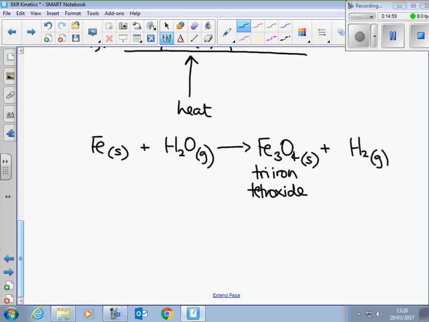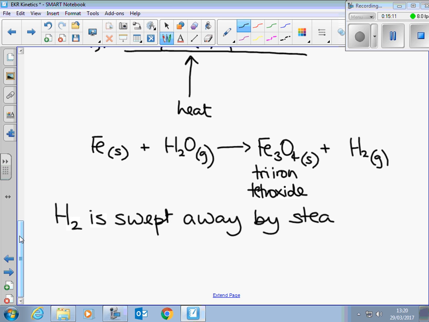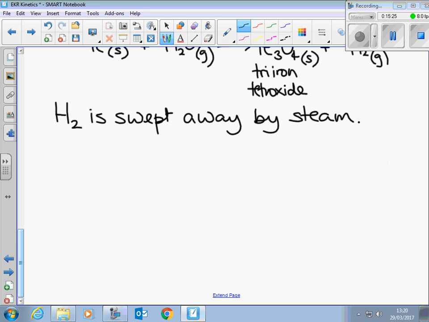So what we have happening here then, the hydrogen is swept away by the steam. So yeah, I'm not going to say that it can't reverse at the moment. That's just a point to make here.